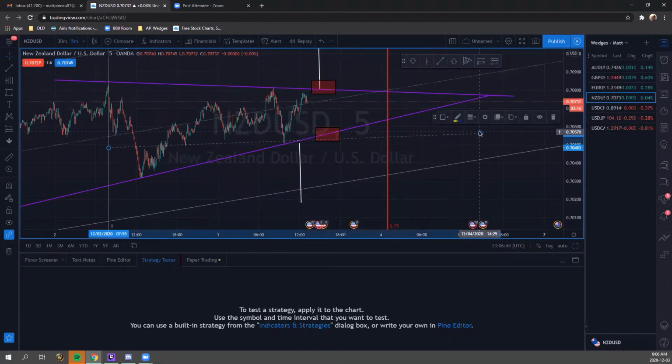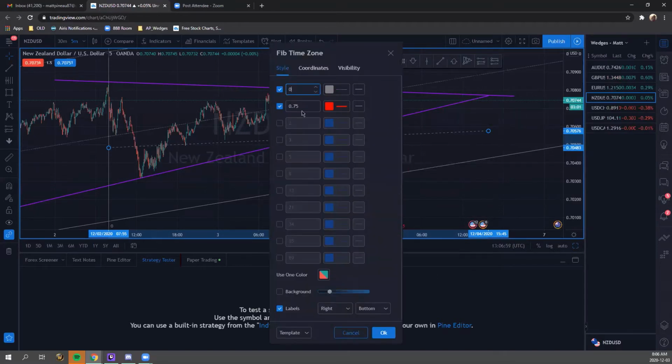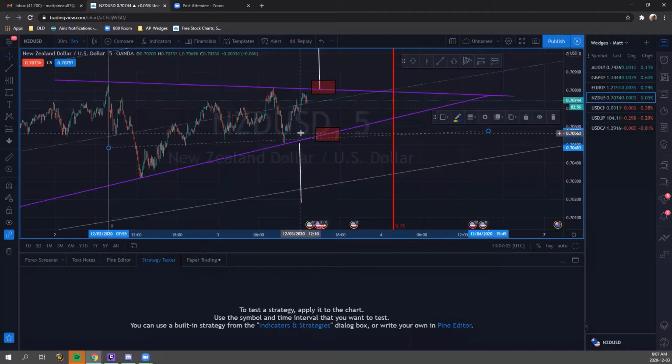So you put it at the beginning of the wedge, and then you stretch it all the way to the apex, where the two trend lines intersect each other, and then you have a 0.75 setting. That means 75% of the width is going to break out before then, most of the time.